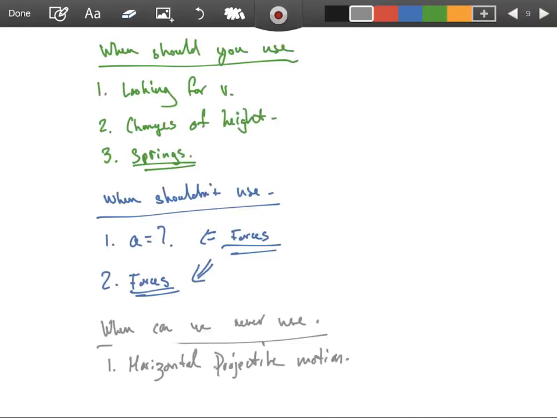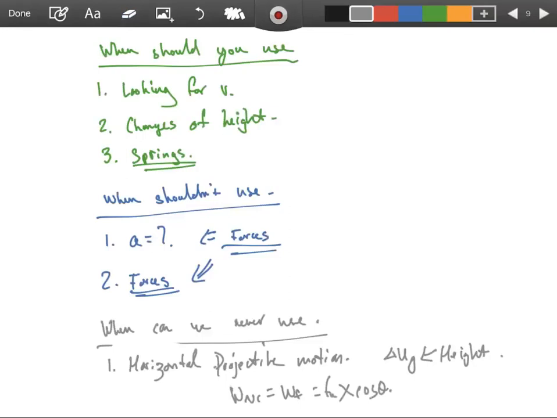Why is that? Well, conservation of energy has a delta U_G term, which deals with height, but there's nothing that we know of that has horizontal distance except for something like friction. For example, the work done by the non-conservative force equals the friction force times some horizontal distance x times the cosine of the angle between the two. But in projectile motion, we always ignore things like air resistance.